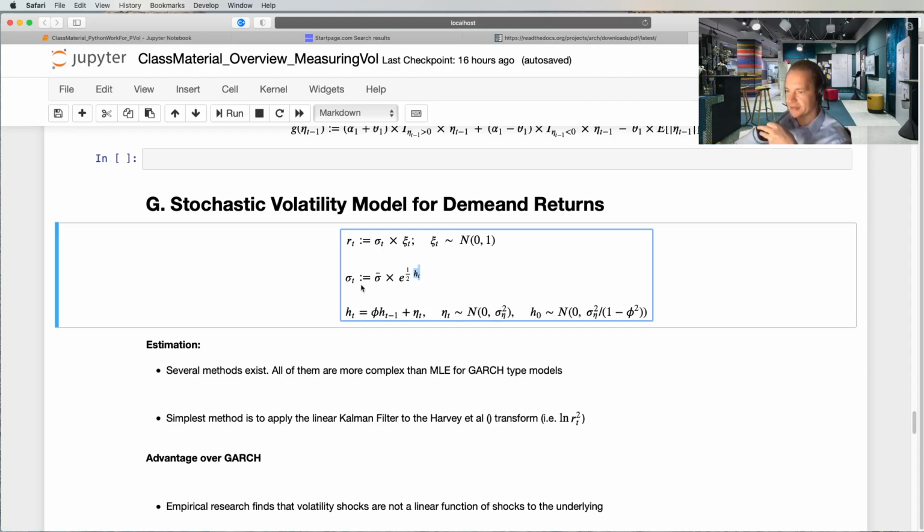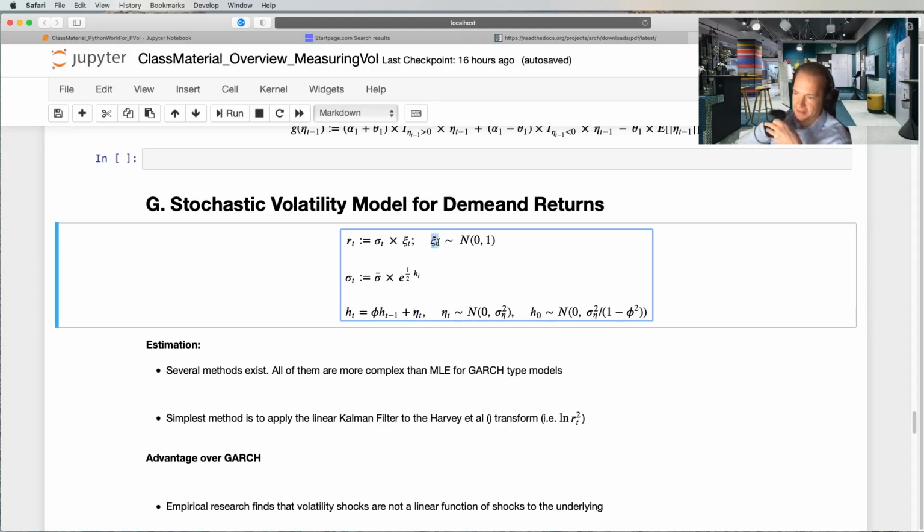So you see now the volatility itself is driven by ht, and ht is driven by eta t. And eta t is a different shock than that zeta here. So you see that volatility has its own shock. That is the core difference to the GARCH parameterization.